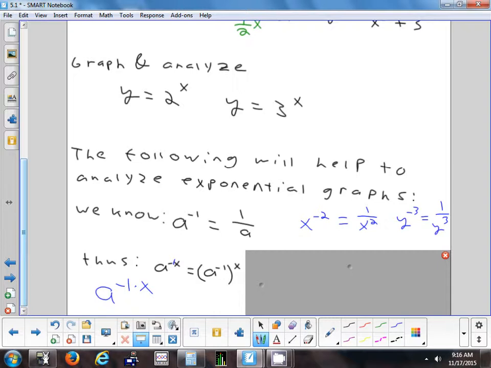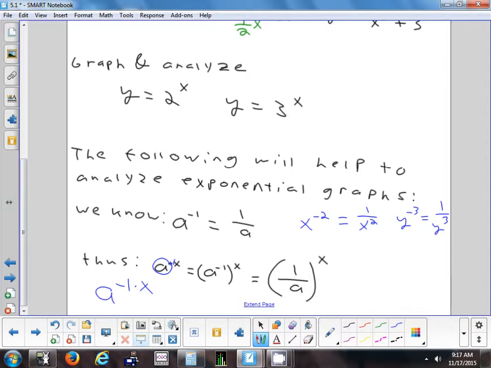If I was going to do this out, I would do negative 1 times x, and it would give me exactly what I have right here. And now, what did I just say earlier a to the negative 1 is? 1 over a. Yeah, it's 1 over a. So kind of the shortcut here is if you've got something with a negative letter, all you have to do is take this base and flip it. And then it makes the letter positive. So instead of a, make it 1 over a and change your letter from a negative to a positive.